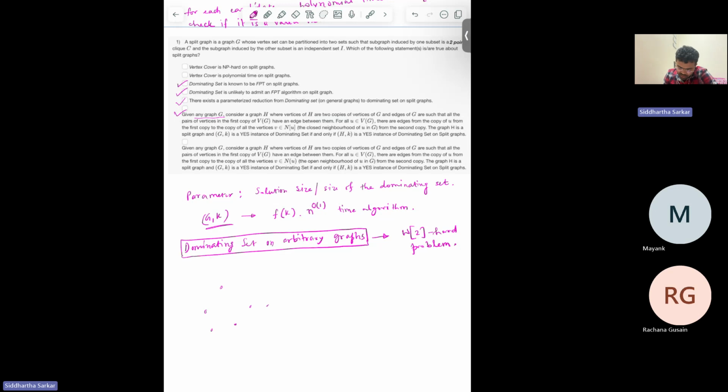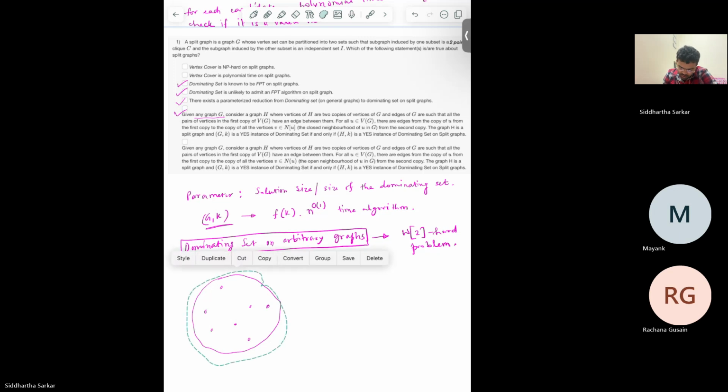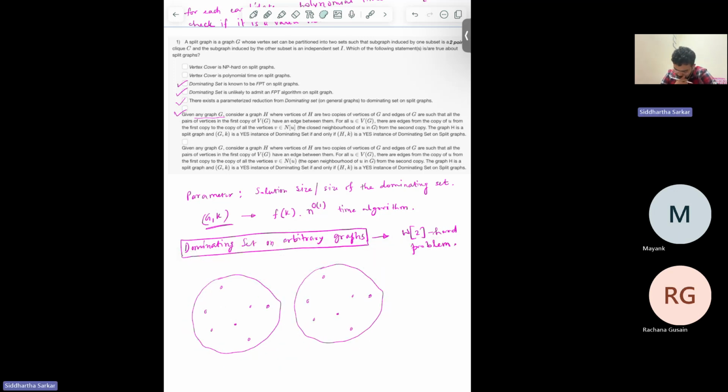So this is, let us say, copy 1, and this is copy 2. So you're constructing H from G. G is an arbitrary graph, or rather a general graph.